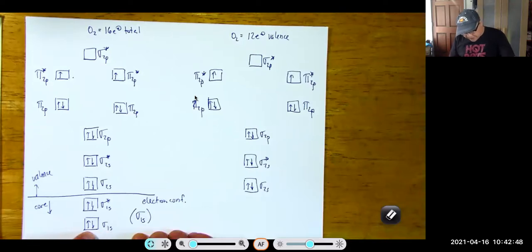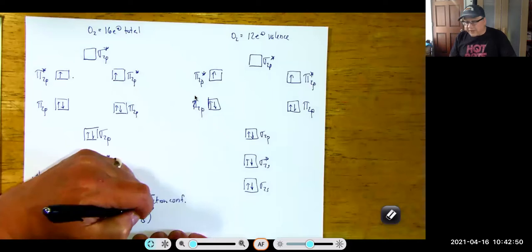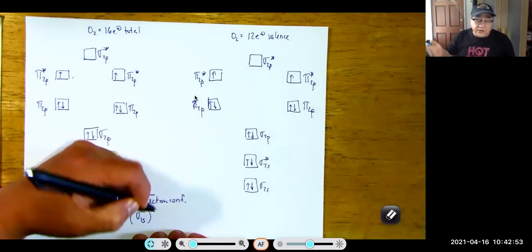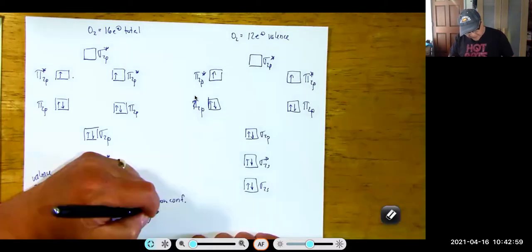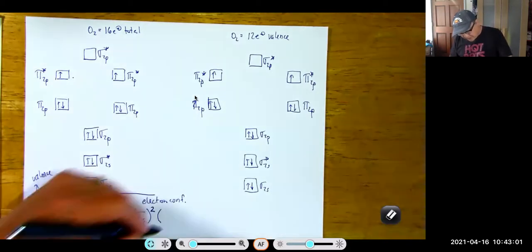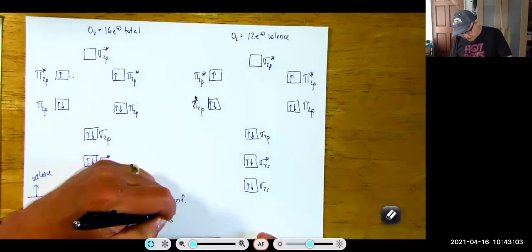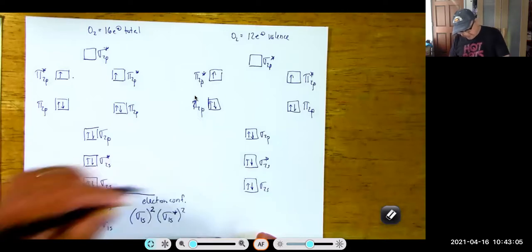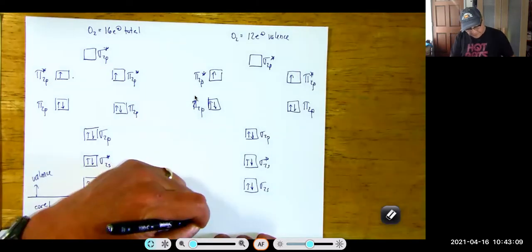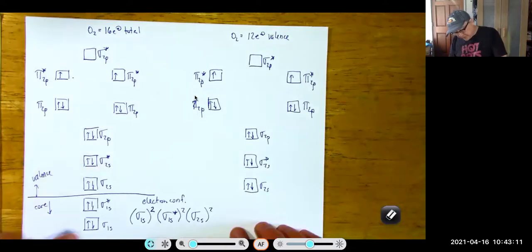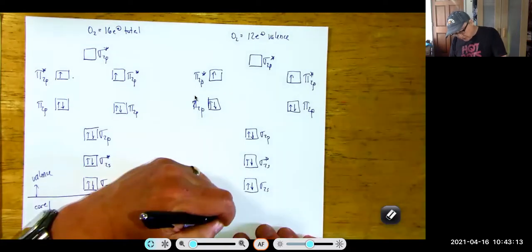Number of electrons, just like with electron configurations we've drawn earlier, goes on the top as a superscript to the right. So here, what would go next? Sigma 1s star 2. And then sigma 2s 2. Sigma 2s star 2.